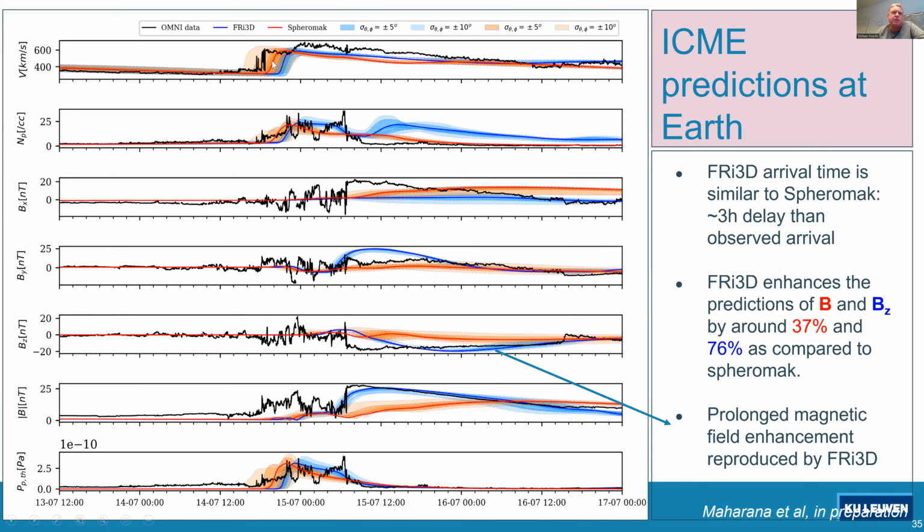The shock capturing, you could say, is the same or slightly better with Fright 3D than with spheromak. But the important thing, of course, is the magnetic field, and you see here that the negative BZ component you do not find at all with spheromak. While with Fright 3D, it arrives a bit too late because the shock arrives too late, of course, and the cloud arrives too late. But we have the right magnitude.